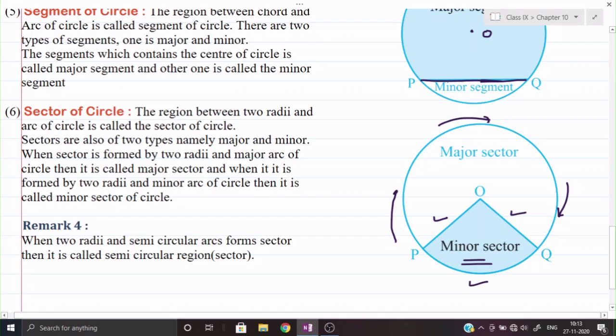Okay, so if the major arc and the two radii of the circle make the sector, that sector will be a major sector. Again, here one remark is written, remark number 4. When two radii and a semicircular arc form a sector, then it is called a semicircular region. Meaning suppose that the arc is a semicircle, and then two radii are there, then that sector will be called a semicircular region.